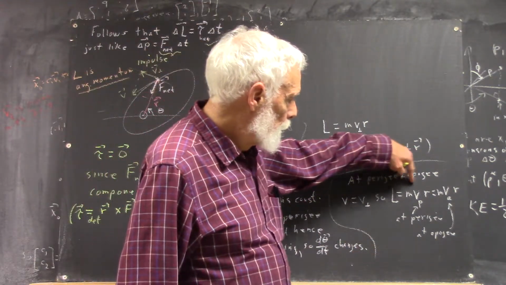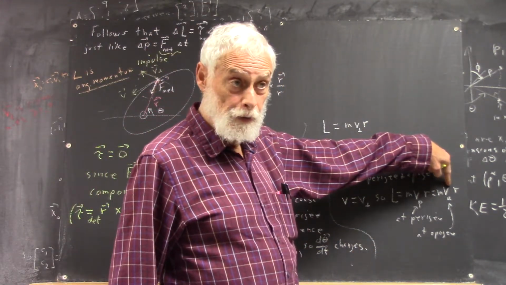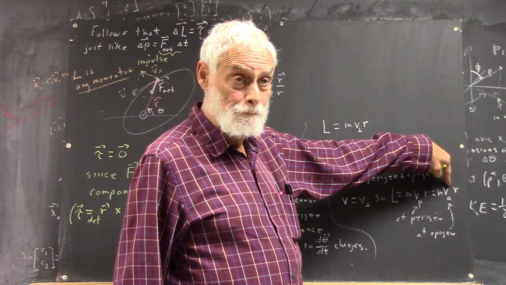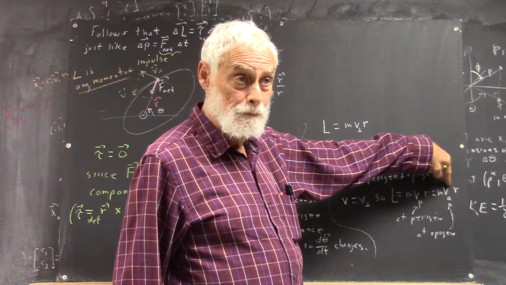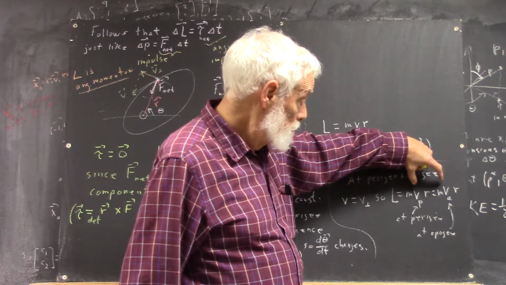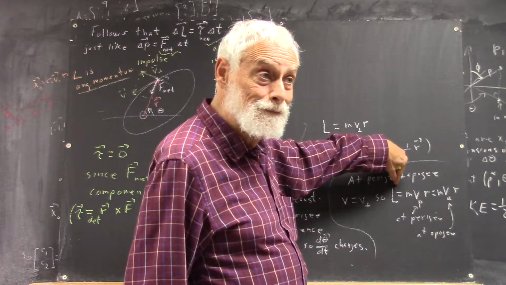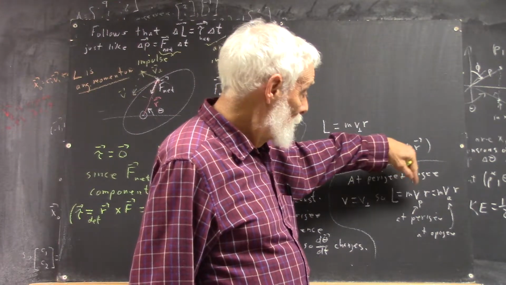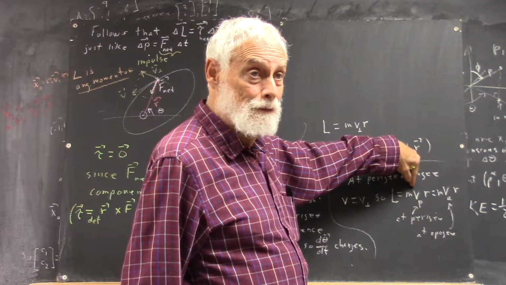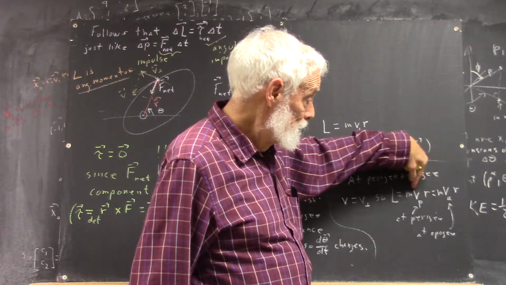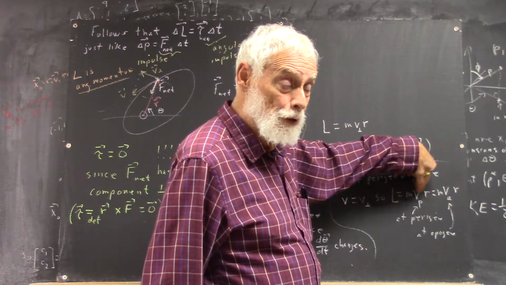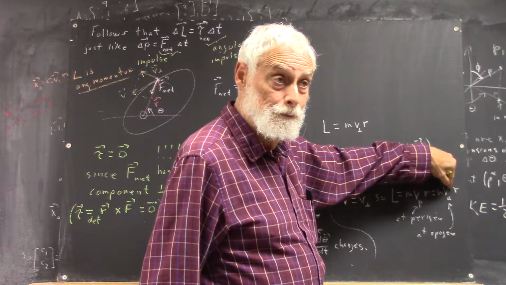So this is your velocity at perigee, this is your velocity at apogee, right? Since L is constant, this is the expression at perigee and apogee, and they're equal.